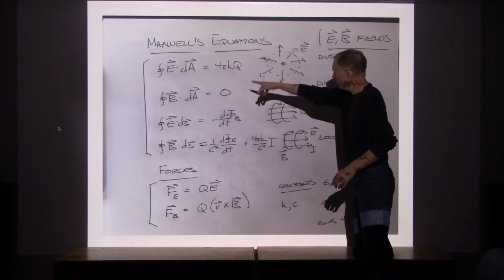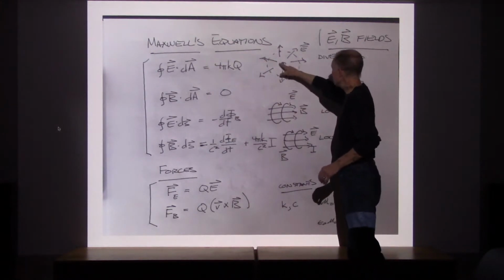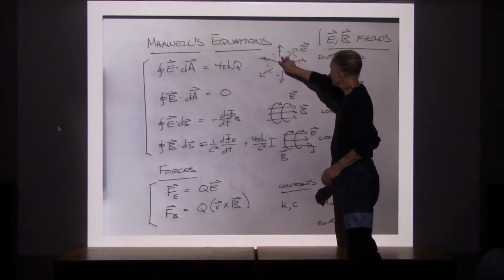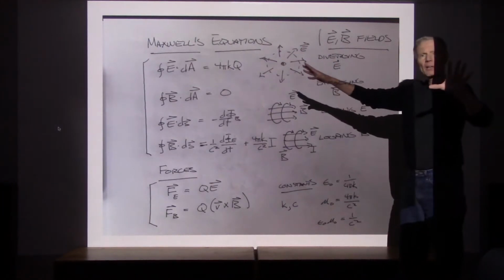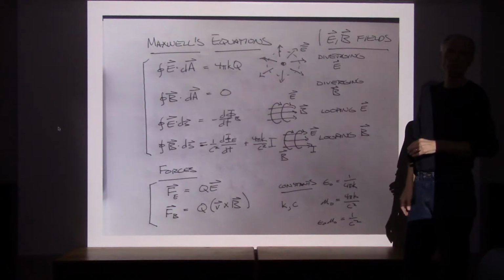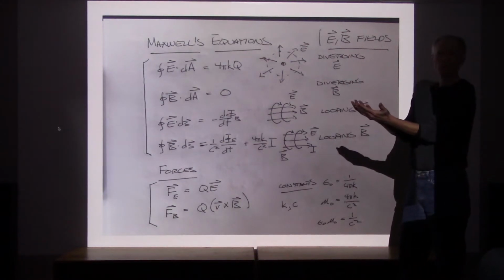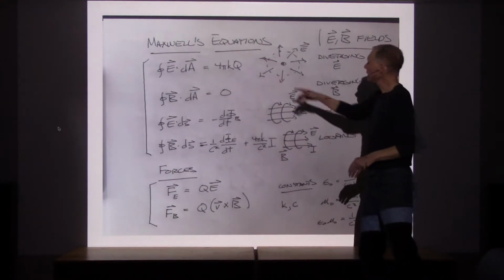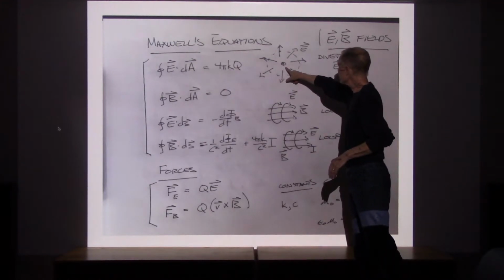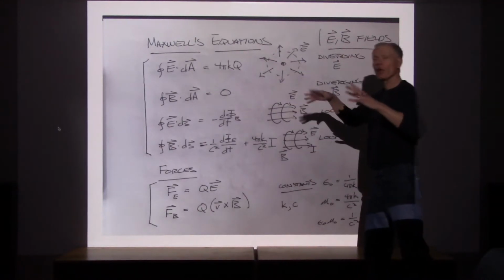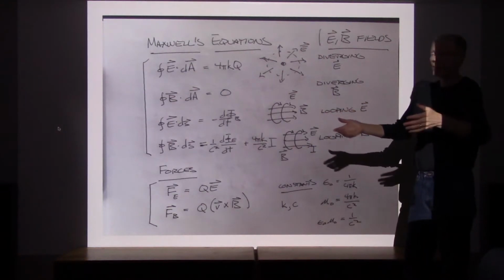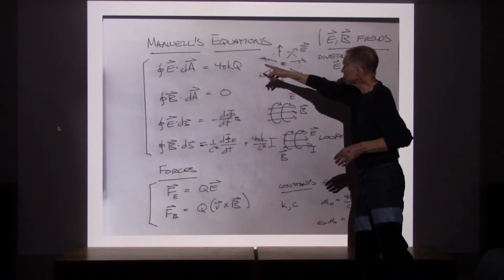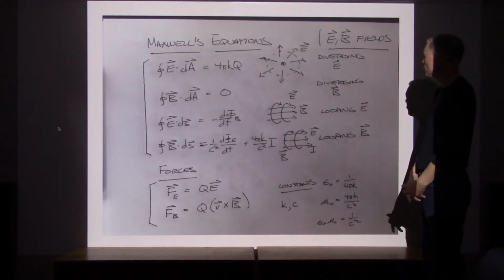Gauss's law, the one that we've used, says that depending on how much charge is located here, that's going to determine how much electric field is diverging away from the charge. So we surround that volume with a Gaussian surface, and if there is charge enclosed, we'll always have E field lines that add up to some constant value, and that constant value is proportional to how much charge is there.